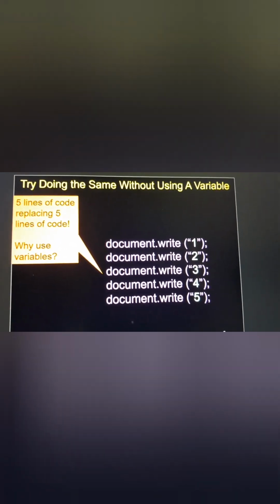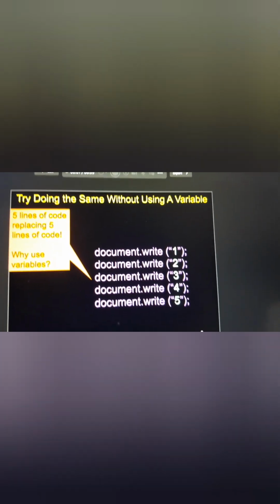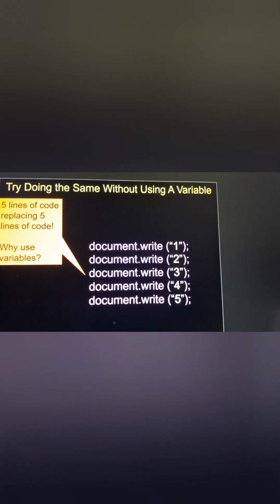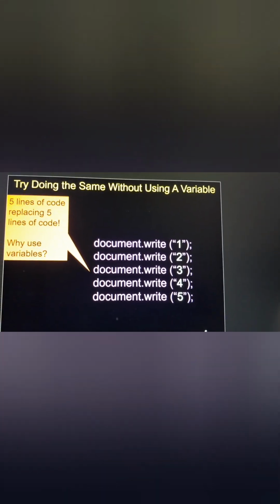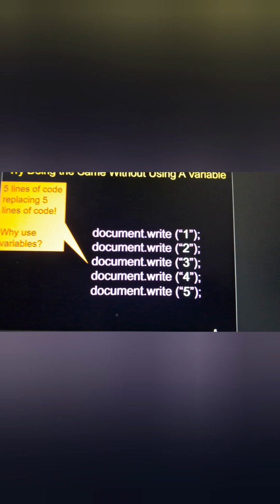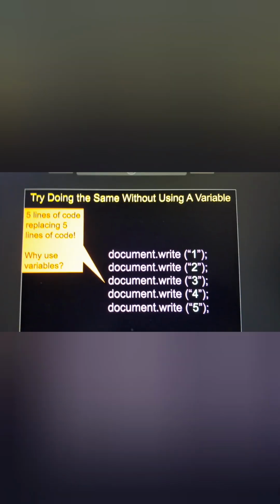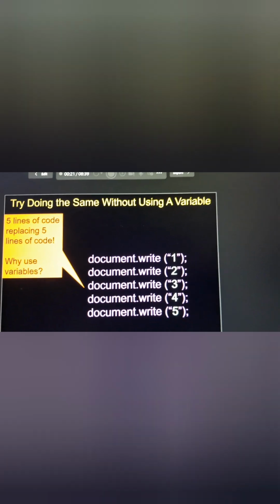If there is no variable used in the program, then the JavaScript contains document.write 1, document.write 2, and just like that, up to 5 we have to write the same sentence.